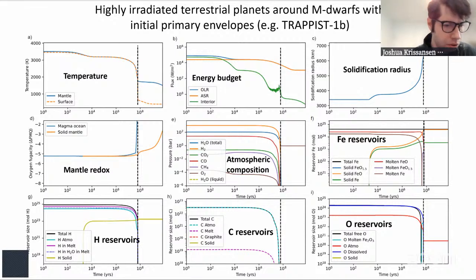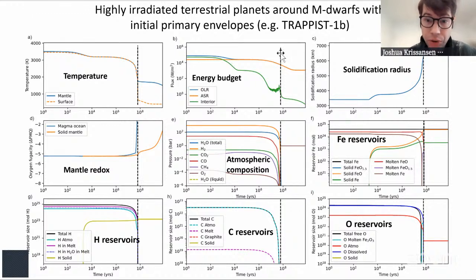Sorry, the slide transitions are going to be a bit messed up here, but all of these plots have time on the x-axis, and we're plotting how the temperature of the mantle and the surface, the solidification radius of the magma ocean, mantle redox state, and volatile reservoirs evolve over the 8 billion years of the star's evolution.